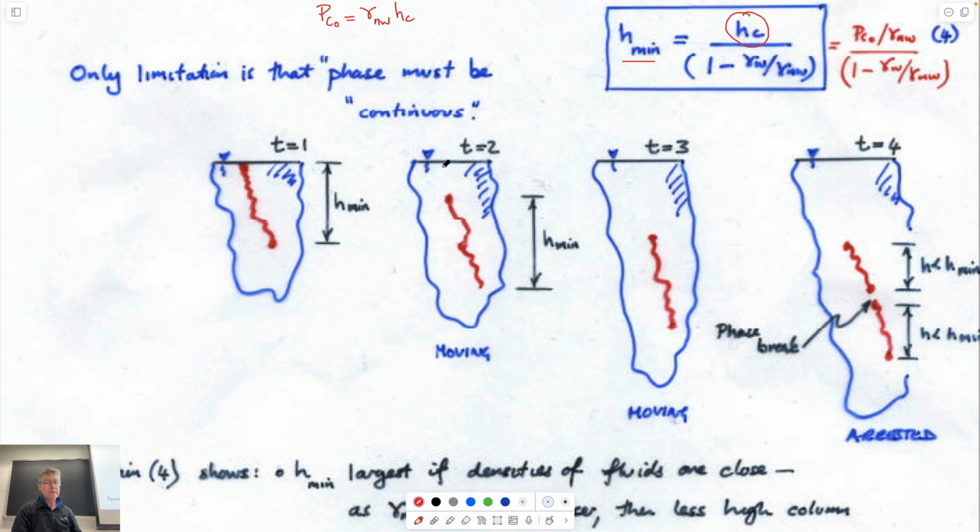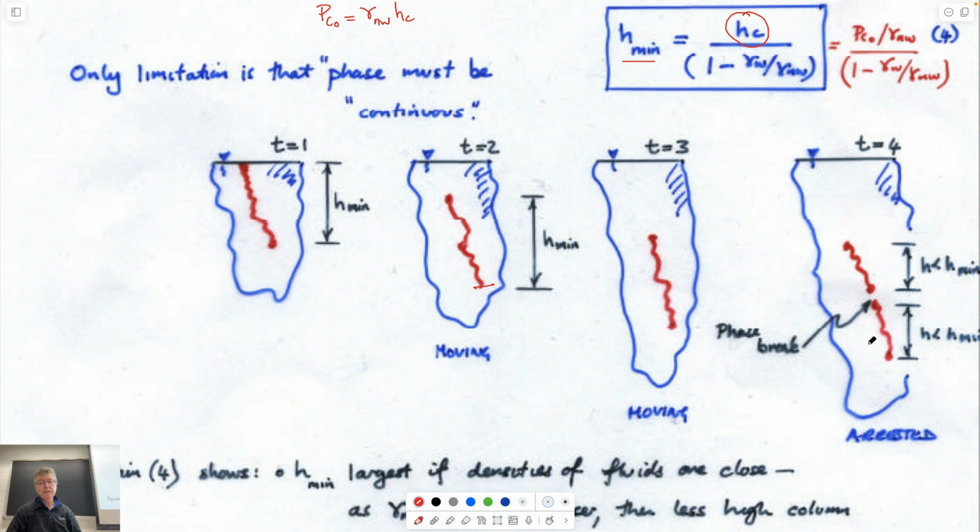So it doesn't need to be resupplied with stuff, but if it's long enough, then it will keep on invading at the bottom, and it will keep on merrily going down until it reaches a capillary barrier which would stop it. And if it met that capillary barrier, it would pond on top of it and become this lens, but absent that, it won't stop. But the only way it will stop is that if you imagine it necks down, so it breaks, and that each of these limbs is now less than this minimum height requirement, then it doesn't have enough pressure acting to be able to move.